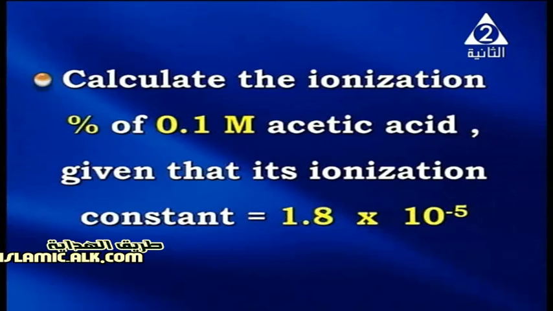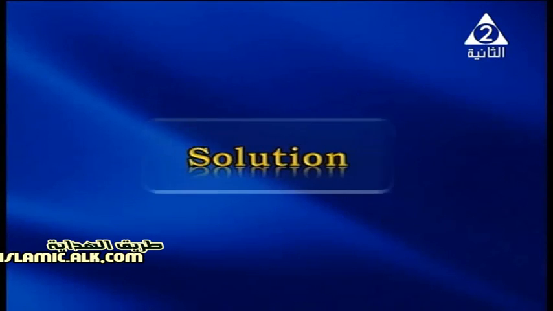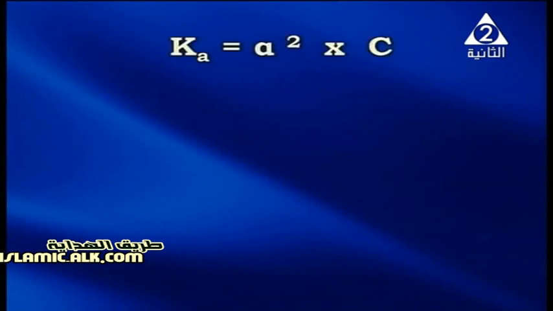Next example, calculate the ionization percentage of 0.1 molar acetic acid, given that its ionization constant equals 1.8 times 10 to the power negative 5. Here the solution: Ka equals alpha square times C, by applying Ostwald's law.